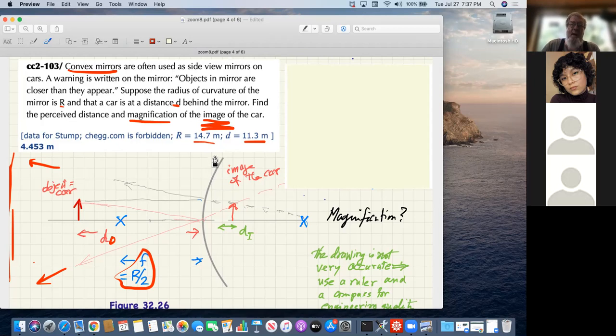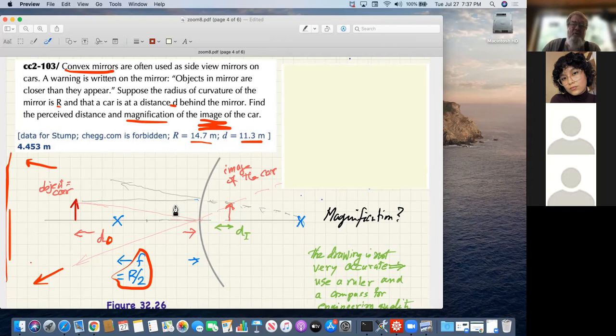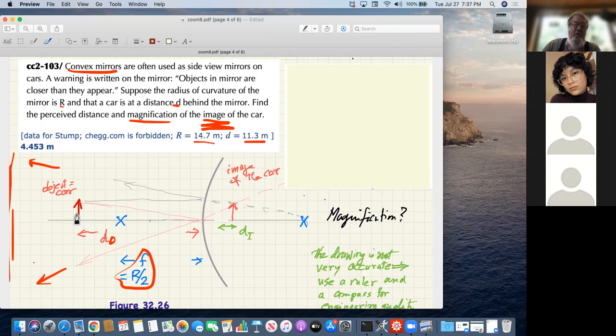You see, if this were a plane mirror and you saw this object, this image, you would assume that the object was right here, because for a plane mirror, DI and DO are equal. So if you see an image and you're thinking in your mind that this is a plane mirror, you would think that the object is a lot closer than it actually is. So objects in mirror are closer than they appear.